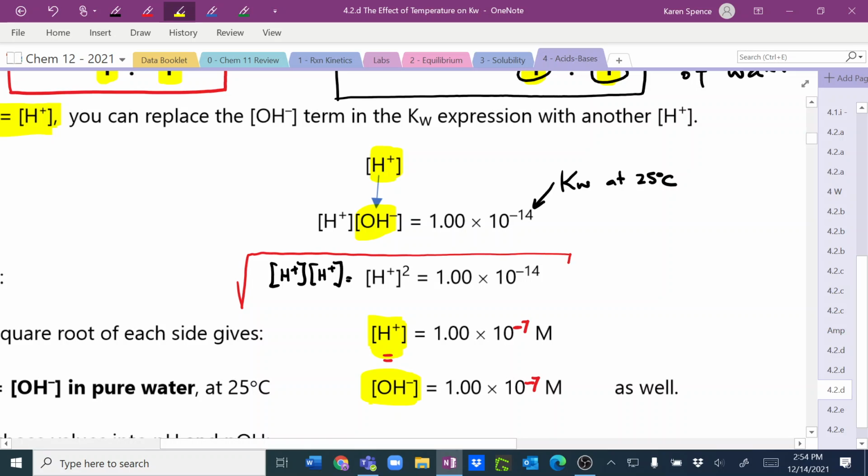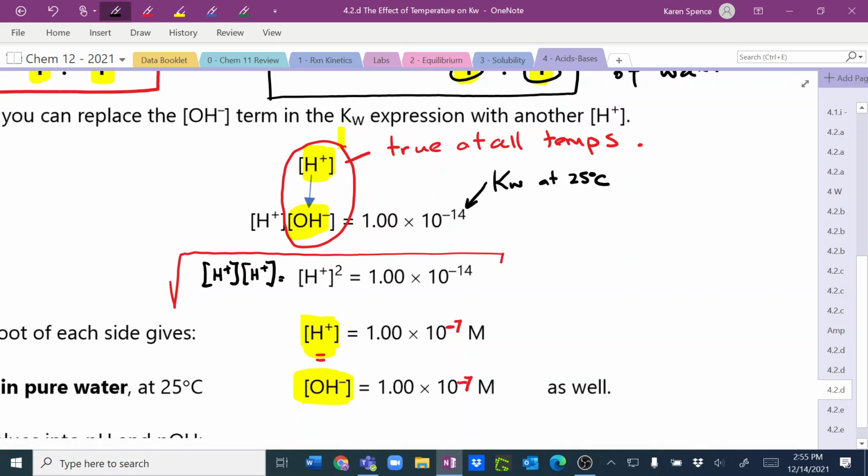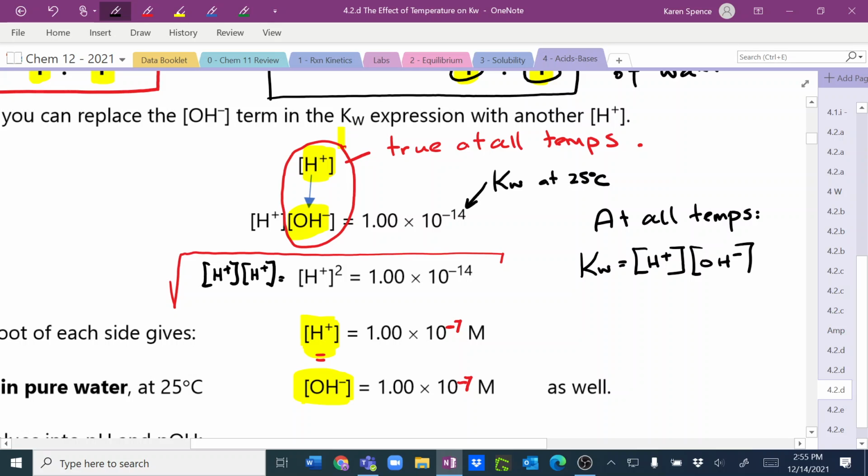This calculation, this substitution, where hydrogen is equal to hydroxide, is true at all temperatures for pure water, not just at 25 degrees Celsius. So at all temperatures, you can say that Kw is equal to the concentration of hydrogen times the concentration of hydroxide.